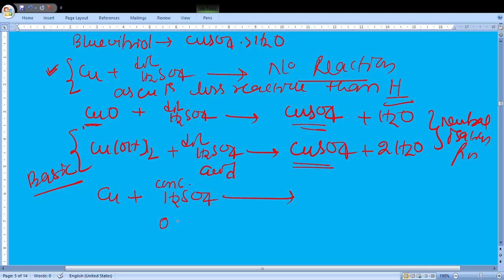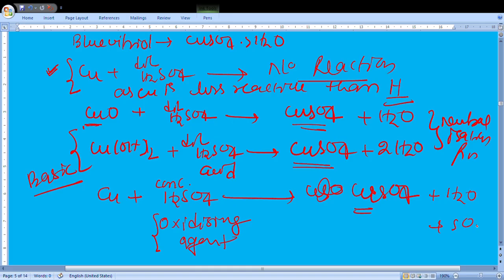Reason: concentrated H2SO4 will act as an oxidizing agent here to oxidize Cu into Cu2+, CuSO4, and will undergo self-reduction to form SO2, and water is formed.